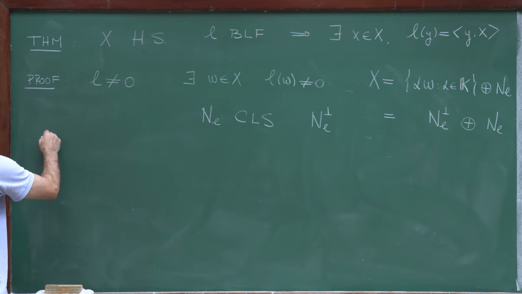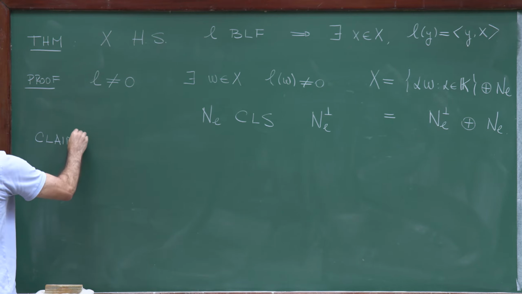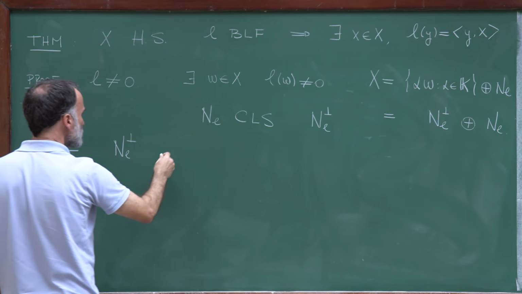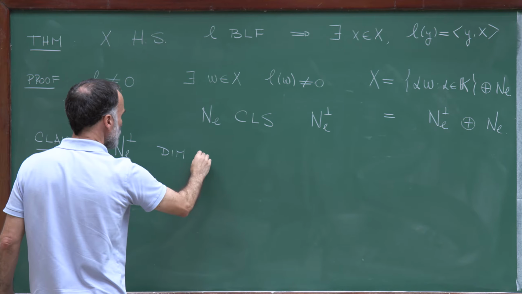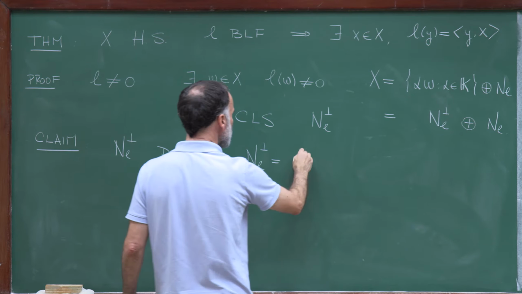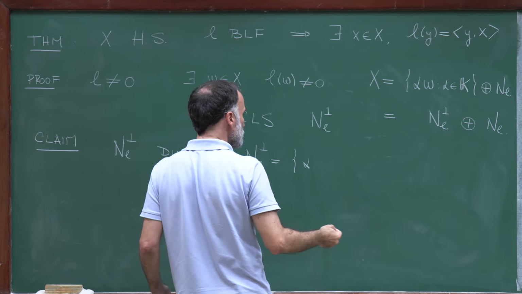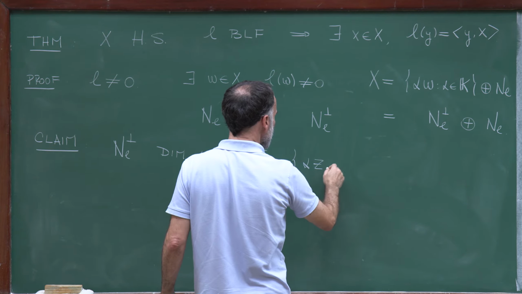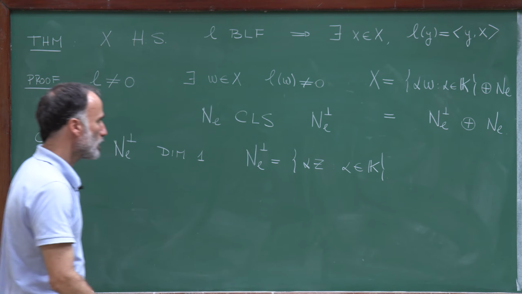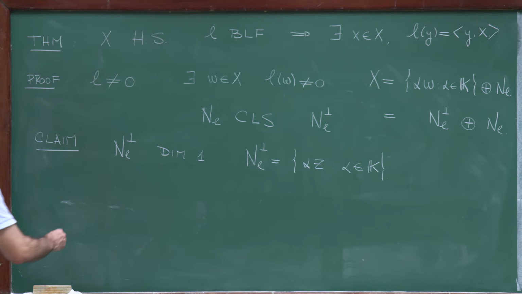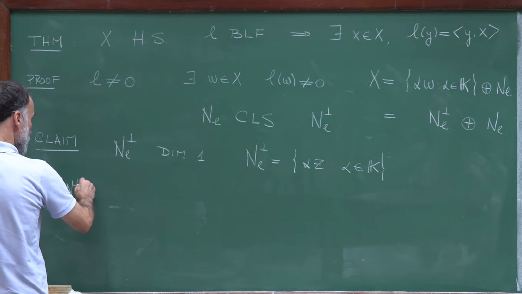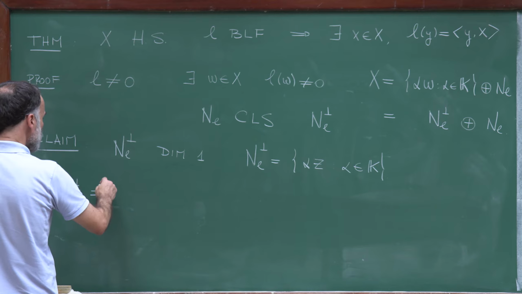My claim, and what I want to prove, is that this space NL perp has dimension 1. Or more precisely, that NL perp is equal to the span of some point, let me call it Z. So what I claim is that, first, NL perp is different from 0.